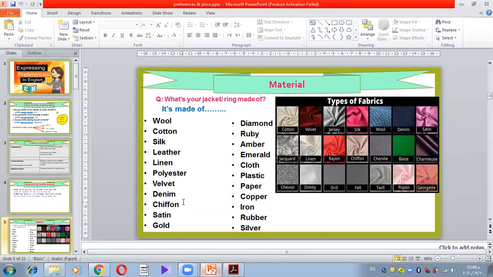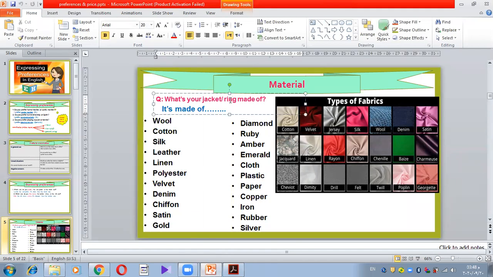Okay, so what about if I'm talking about accessories, for example, ring, for example, what's your ring made of? Before I go on, there are so many different words related to the class as well, or to the material. I'm not gonna say all of them.